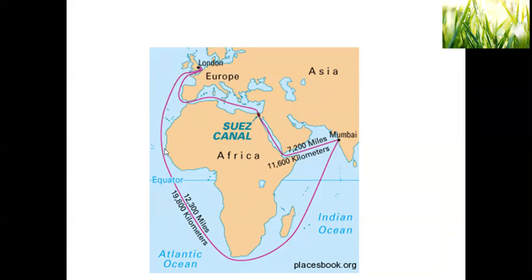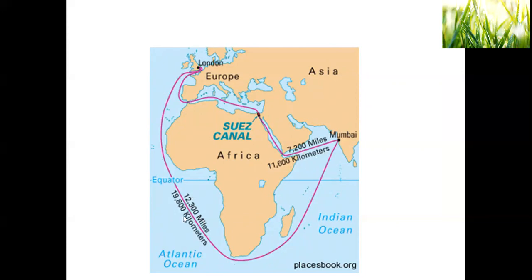Compared to this line, which comes around Africa into the Atlantic Ocean, then from the Atlantic Ocean into the Indian Ocean and reaching Mumbai, it is around 19,800 kilometers, or 12,300 miles. But here you can see 7,200 miles or 11,600 kilometers.